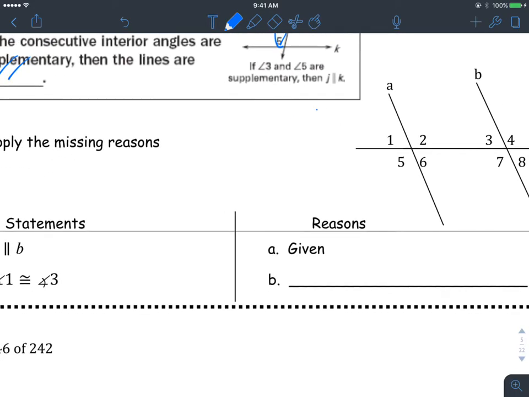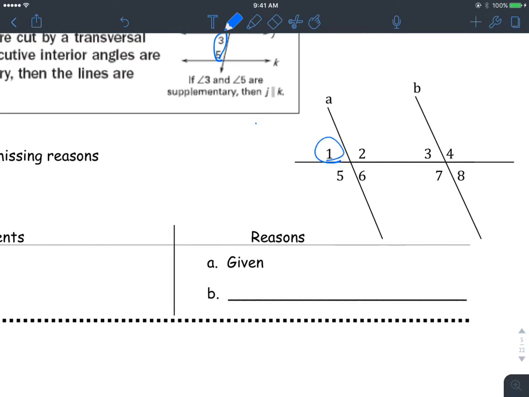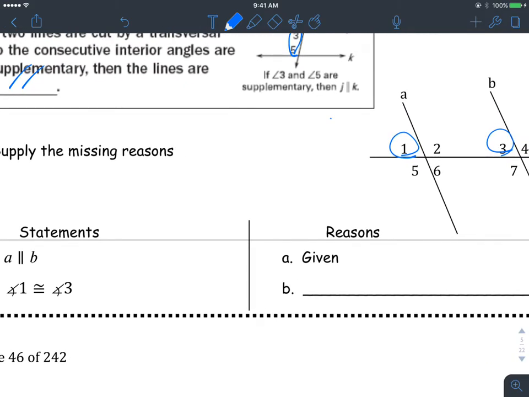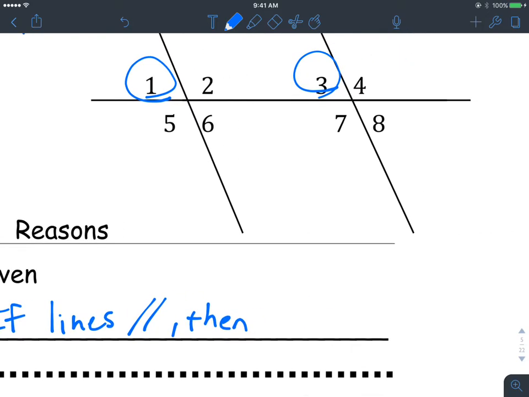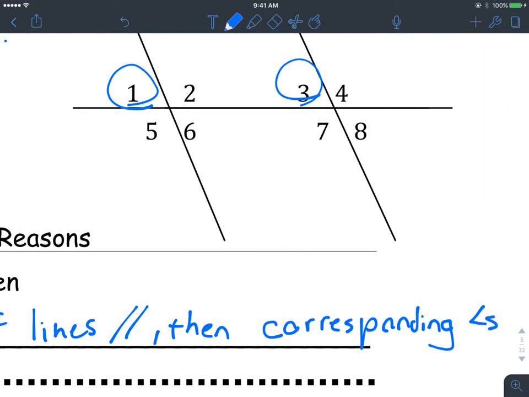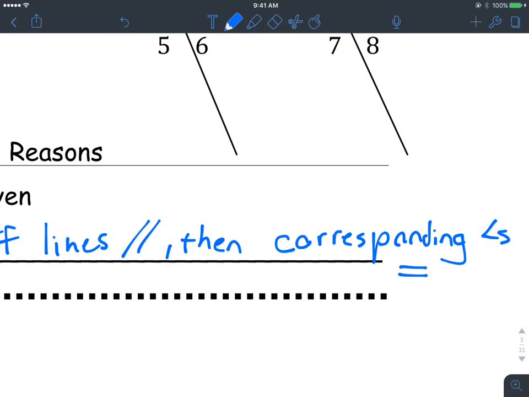The next part is just identifying the angles. You had 1 is congruent to 3. We know that because we have the parallel lines, so this is going to be the corresponding angles theorem. And here's how most of the teachers like it written out. If you have lines that are parallel, then the corresponding angles, and usually I use a little angle symbol, are congruent.